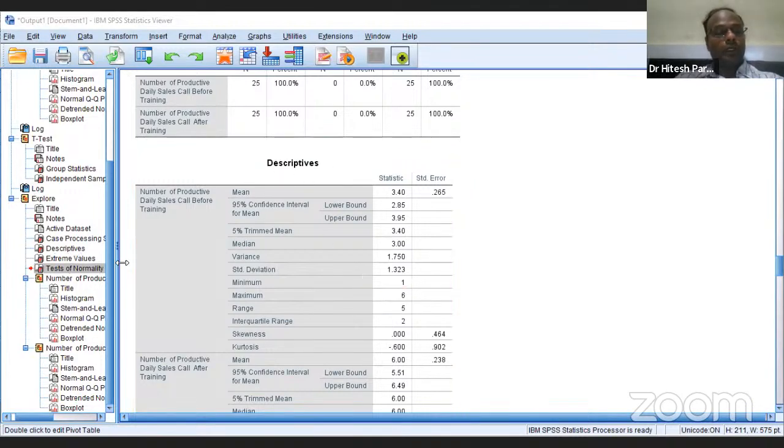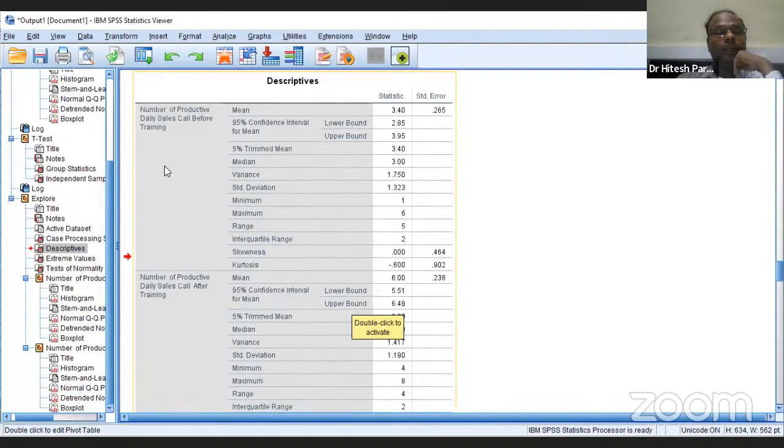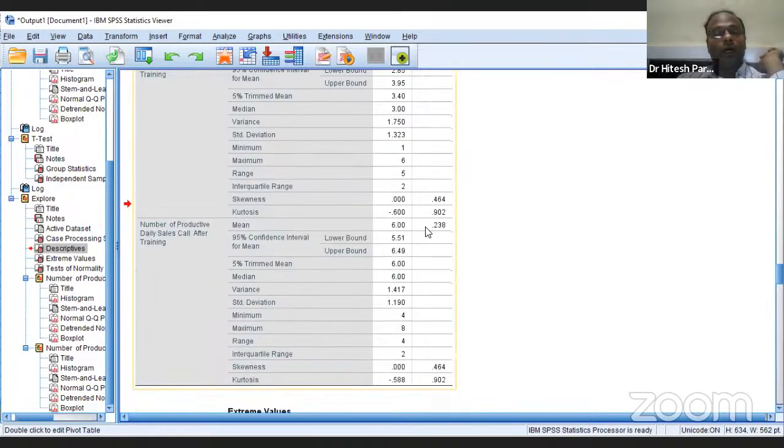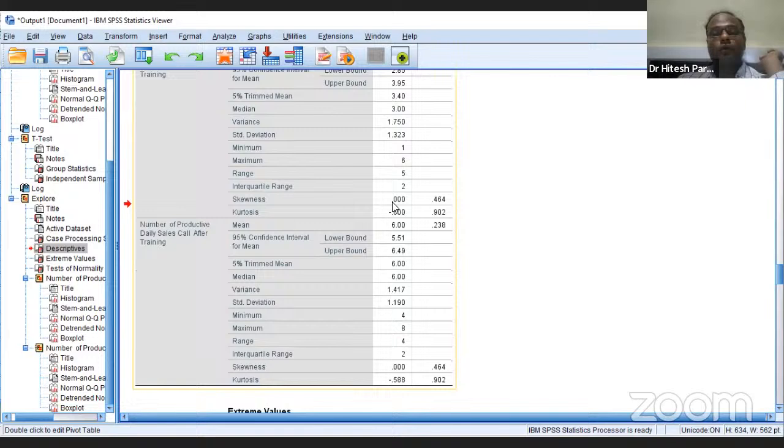Just above the test of normality, you will find the table of descriptives, where you will find separate values for before and after skewness and kurtosis. Are you able to find this skewness value? I am looking at this before. The skewness value is written here, statistic is 0.000.